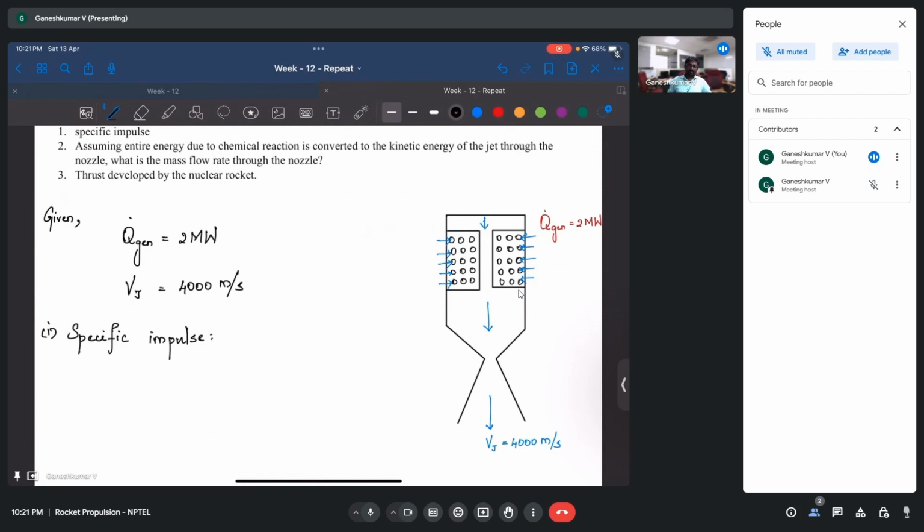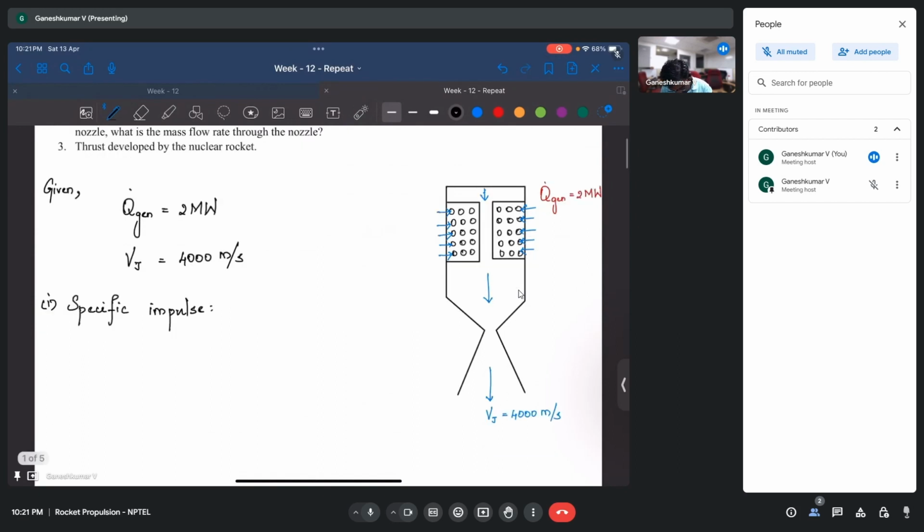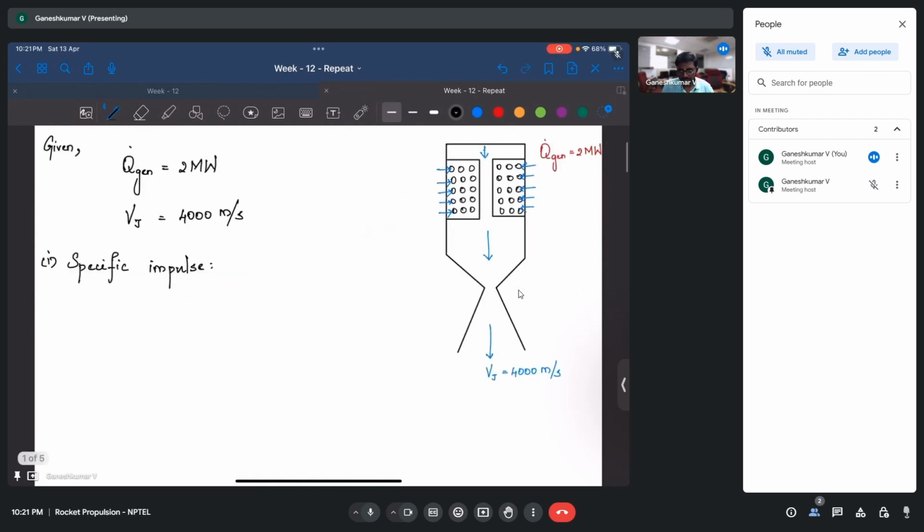The specific impulse here: of course, we know a lot of formulas to find the specific impulse, but here the specific impulse is directly going to be the jet velocity of the gases exiting the nozzle.